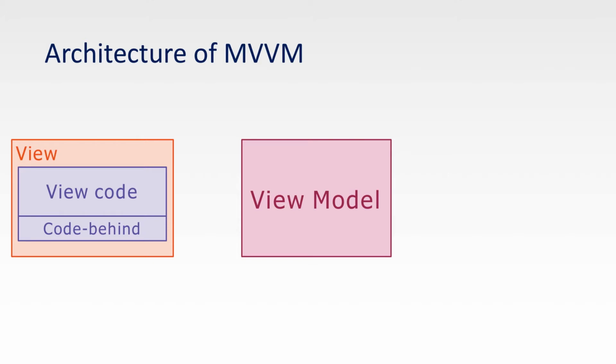For instance, if we have a customer relationship management system and we have a customer model, this customer has a first name and last name. The first name can be bound to a label that lives in the view itself, and the last name can also be bound to another label through the data binding that we have.